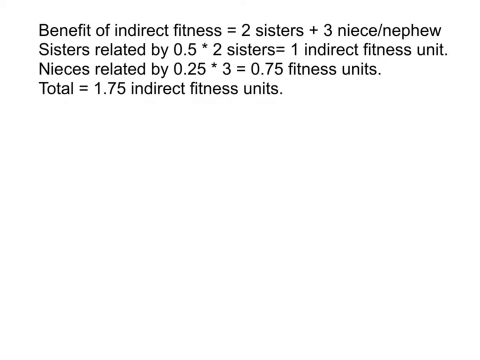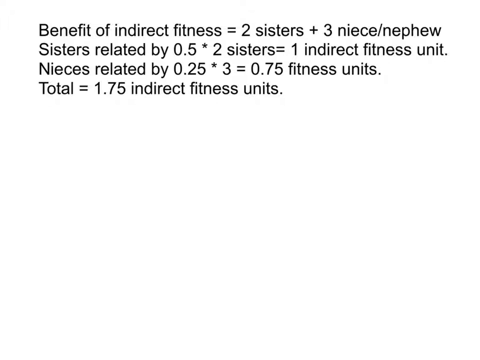In the above example, we have a meerkat who saves 2 sisters and 3 nieces or nephews. That's the benefit. Remember, sisters are worth half. Since there's 2 of them, we have 1 indirect fitness unit.